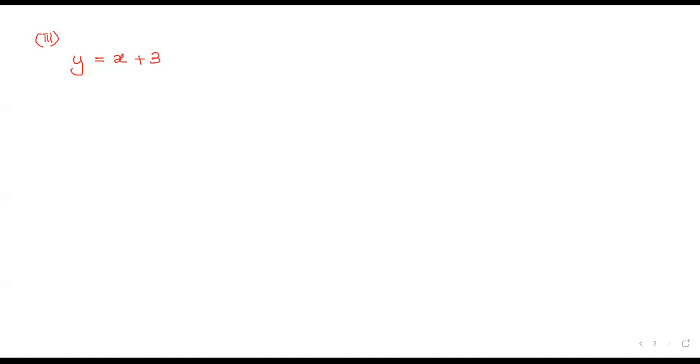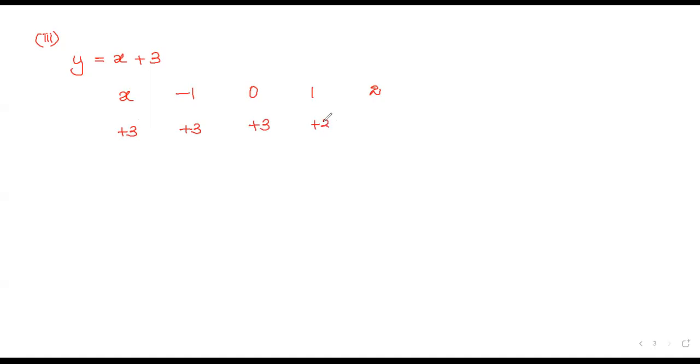Now, what are the x values they have taken? Negative 1, 0, 1, 2, right? So they have taken negative 1, 0, 1, and 2, okay? So then what I do, I add 3 to all the x values.